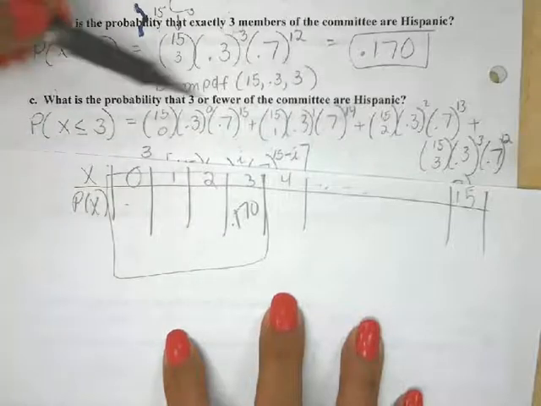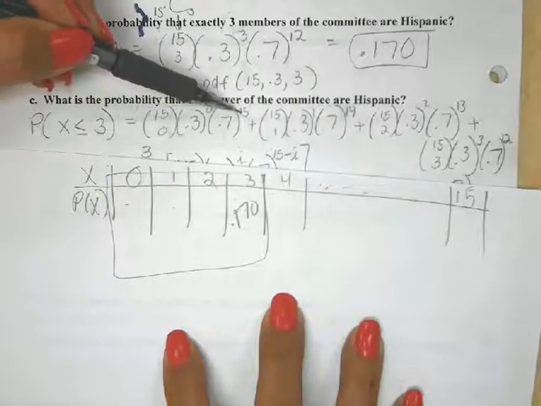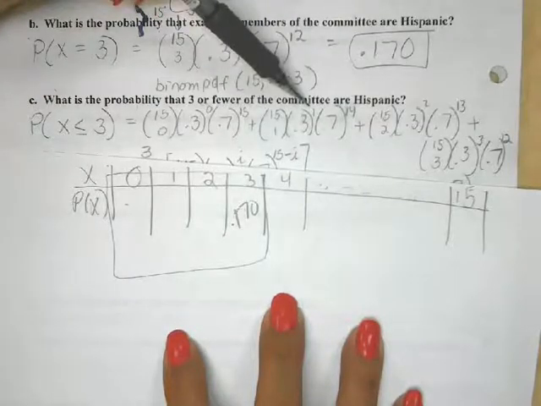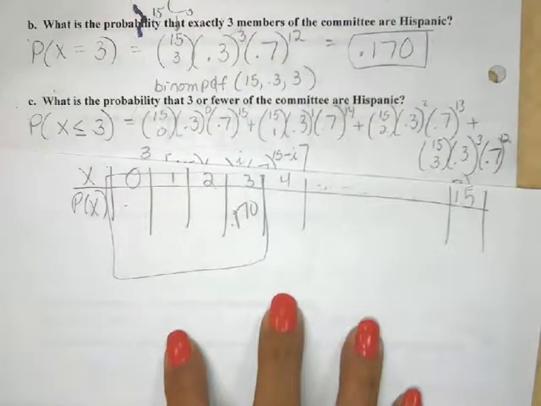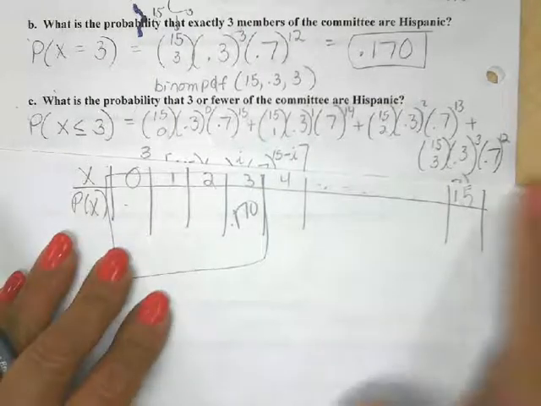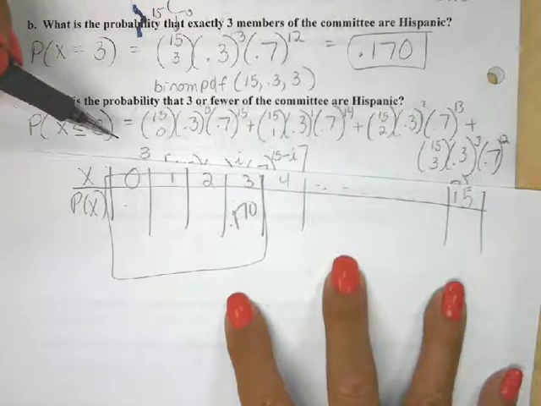Here is the likelihood that I have no Hispanics, and I have 15 non-Hispanics. Here's the probability that I have 1 Hispanic being chosen, and then 14 non, and so on. Now that does get tedious to do that entire computation, so we will have a shortcut that I'll show you in a second. But it is not sufficient to write down calculator notation for this.